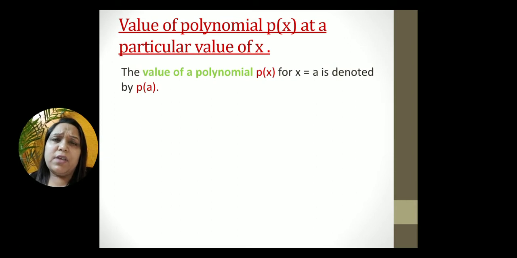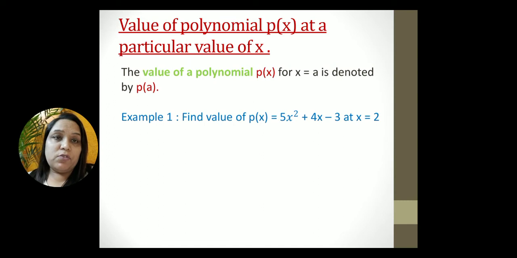Like if we are taking an arbitrary value a, or you can take any numerical value 1, 2, 3, minus 1, minus 6, minus 20, whatever you want, then it is denoted by p(a). Like if we are putting the value 1, then it will be p(1). If we are putting the value minus 2, it will be p(minus 2).